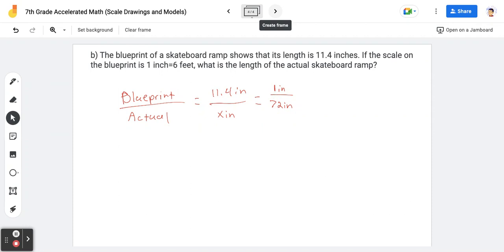Let's use our cross product, solve, and find out what the length of the actual skateboard ramp is. x times 1 is just x. 11.4 times 72, let's break open a calculator for it, is 820.8.